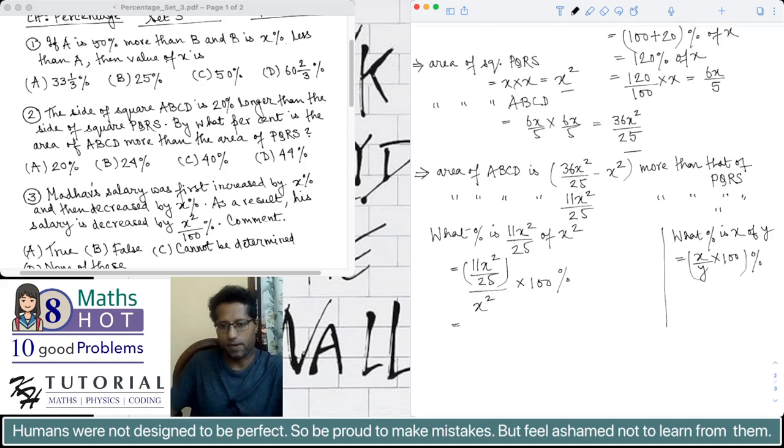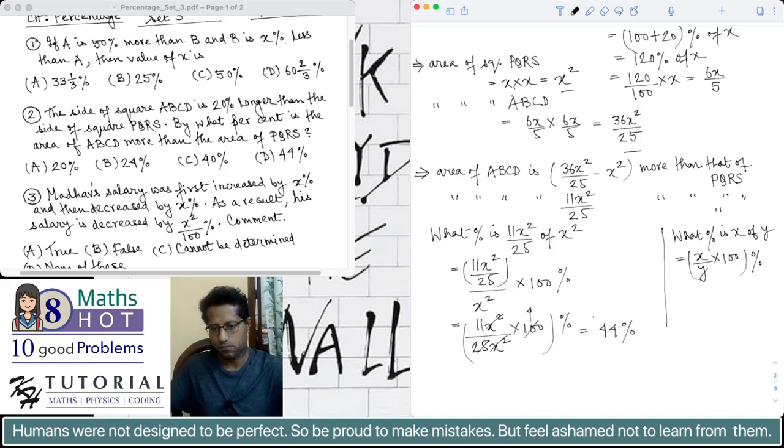Now if we simplify, we get 11 x square divided by 25 x square multiplied by 100, this much percentage. So x square cancels out, and 25 divides 100 with 4, so this is 44 percentage. So the area of square ABCD is 44% more than the area of square PQRS, and hence the correct choice is D. D is the correct choice.